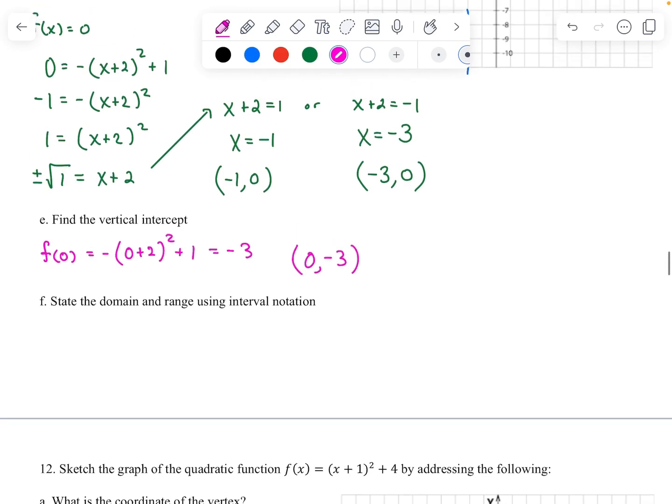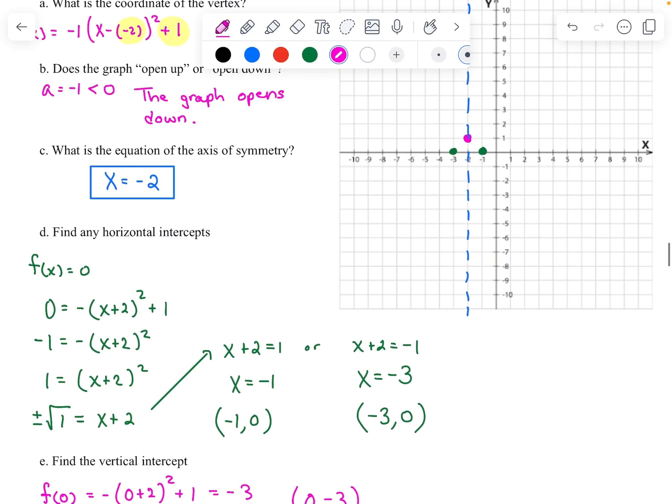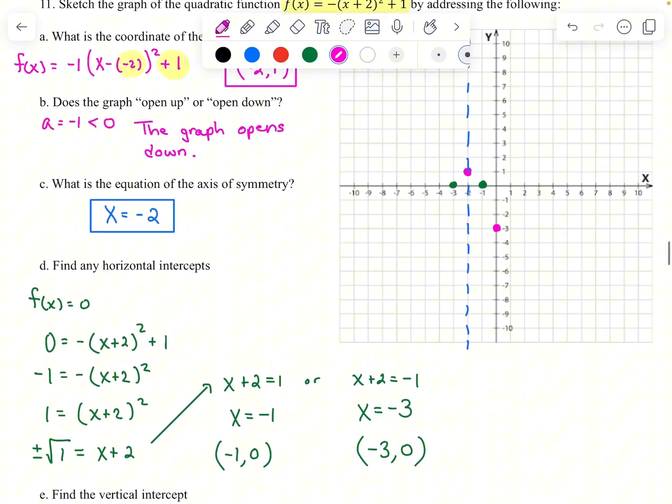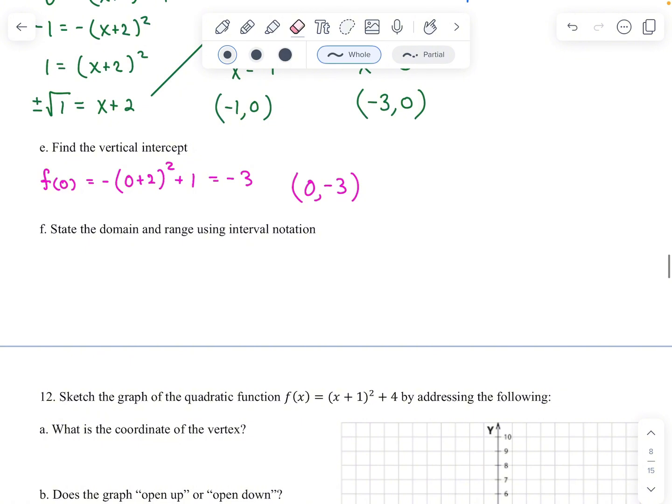And I'm going to place a point on the grid at (0, -3). Since the parabola is symmetric about the axis of symmetry, I'm going to place another coordinate at (-4, -3). And notice that the horizontal distance between each of these coordinates is both 2.